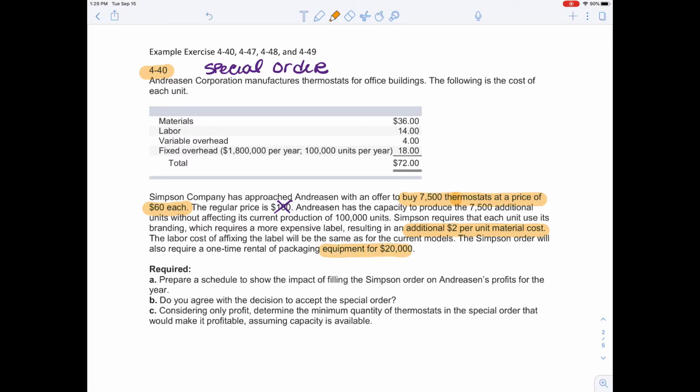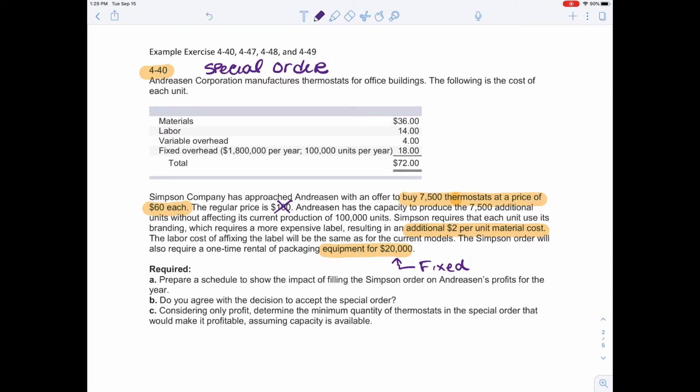So this is an equipment charge of $200,000. We should note that this is not a per unit basis, so this is an additional fixed cost. So we want to go through and make sure that we would still be making money on this product, and then whether or not we should accept this order.